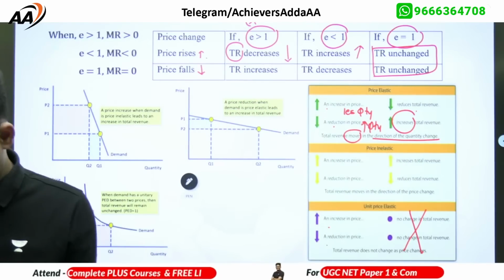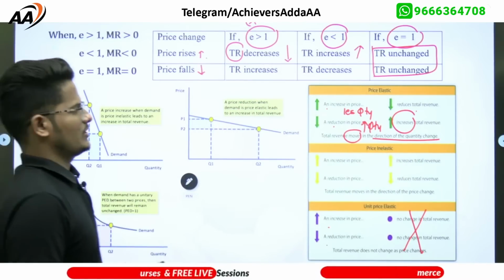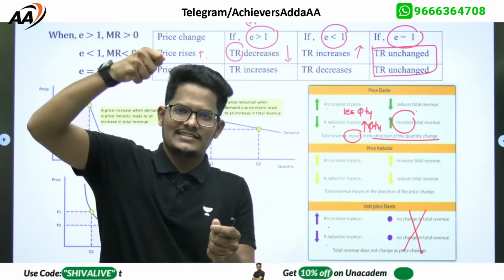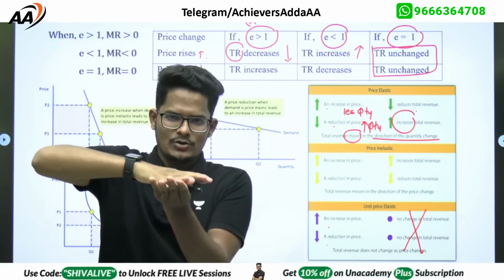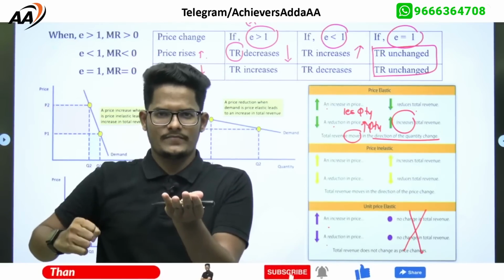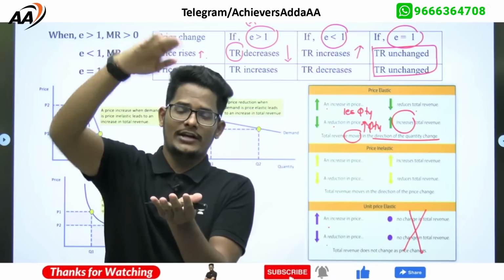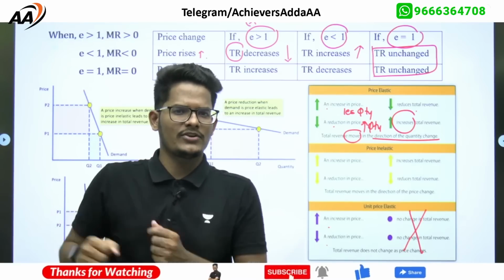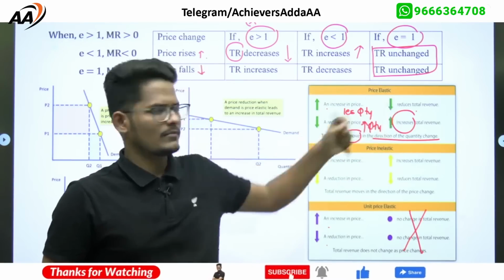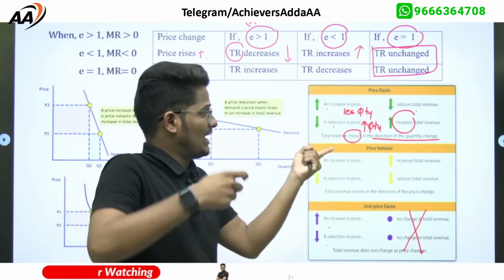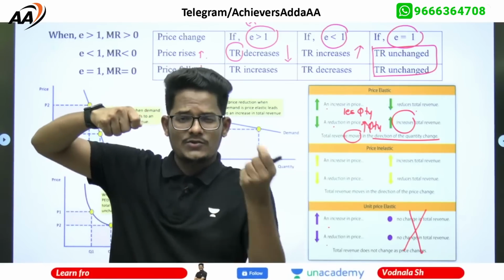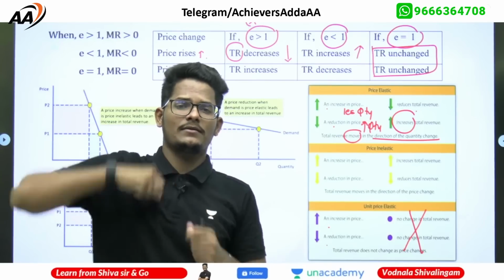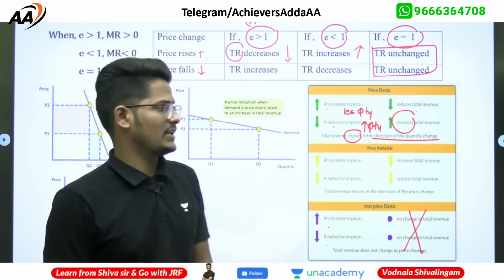Are you getting the point? So here, if the price is 10 rupees, I buy 100 units. If the price goes up to 20 rupees, I will buy only 50 units. Now my revenue comes down. If the price goes from 10 rupees to 5 rupees, my quantity purchased will increase.